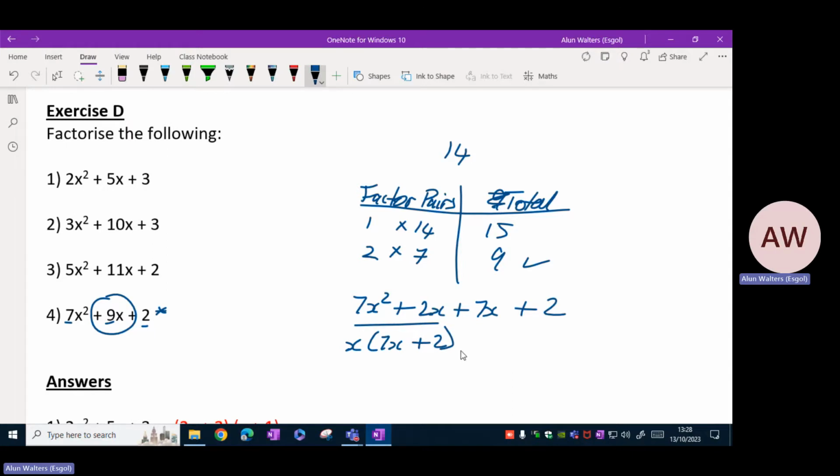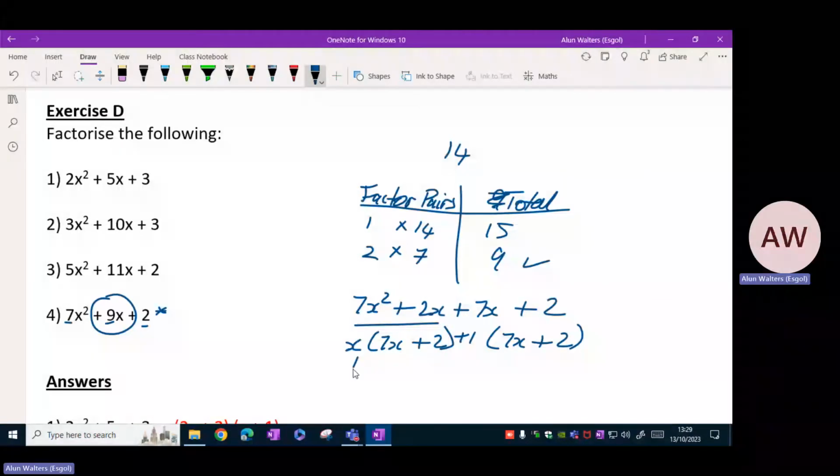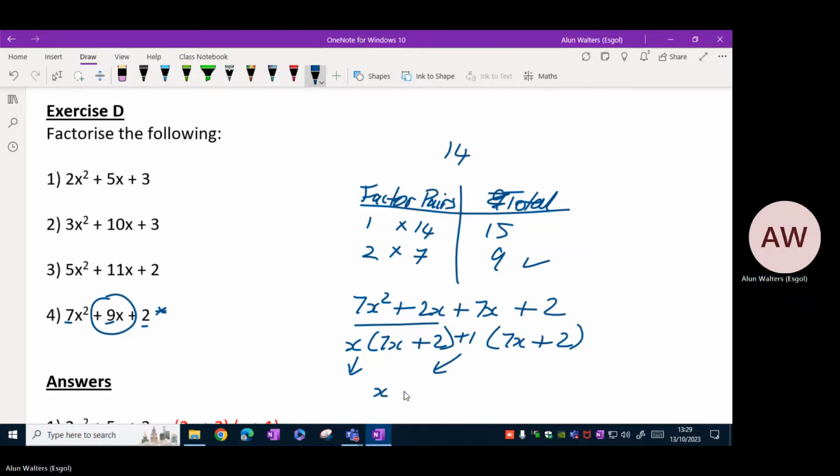I must write the bracket exactly the same over here, 7x plus 2. And I ask myself, what do I multiply by 2 to get plus 2? And the answer is plus 1. So the terms outside the bracket are x plus 1. And the terms that match the two brackets are 7x plus 2. So that is our solution.